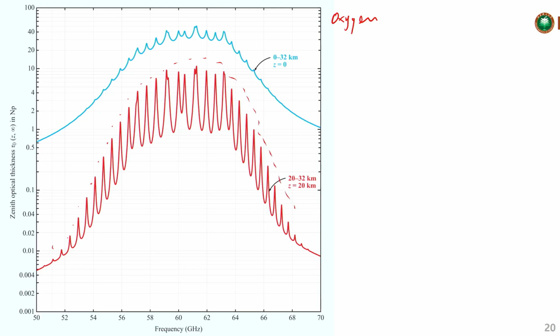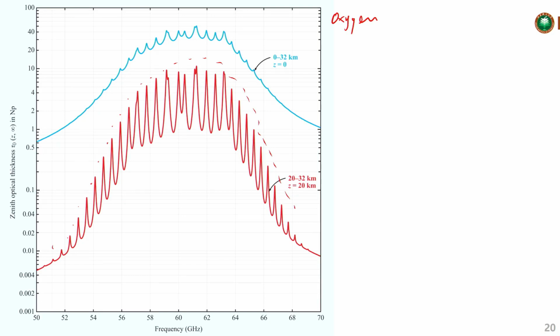All these absorption lines contribute to the total absorption by the oxygen, and the same thing applies for the water vapor.